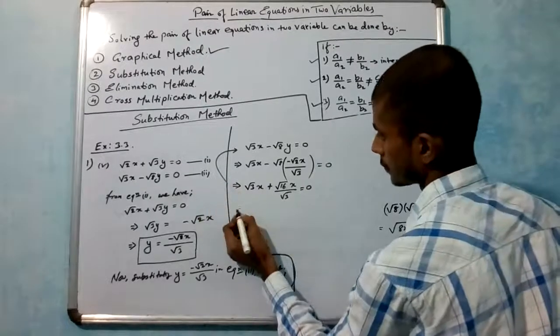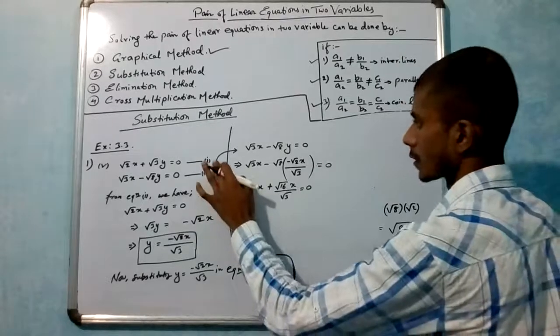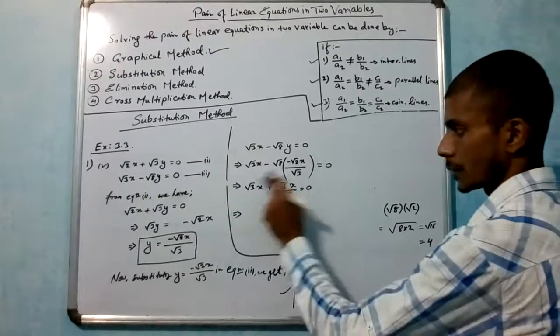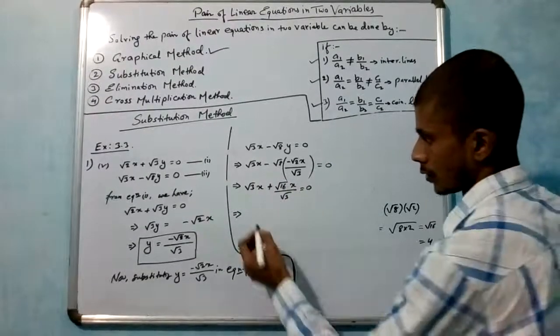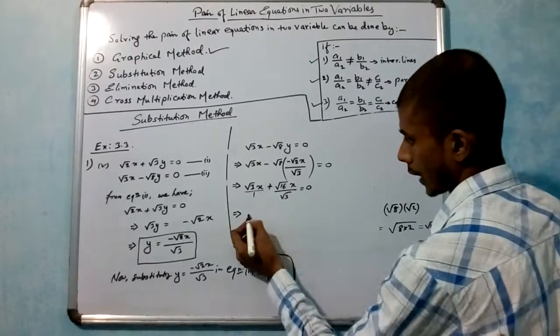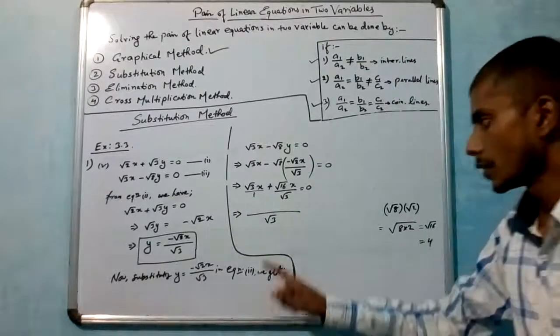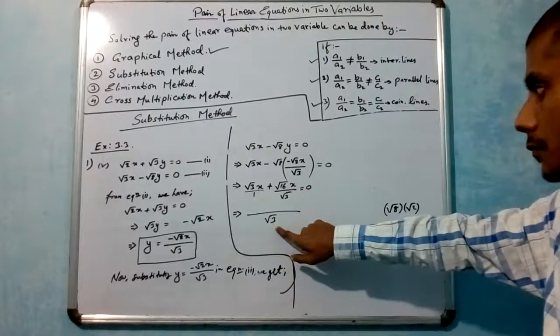Next what? We can simplify it as a whole. So 1, and then root 3 as the LCM, and then divide this LCM by the denominator. Root 3 only will come.